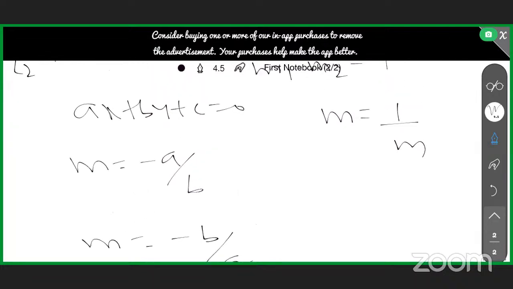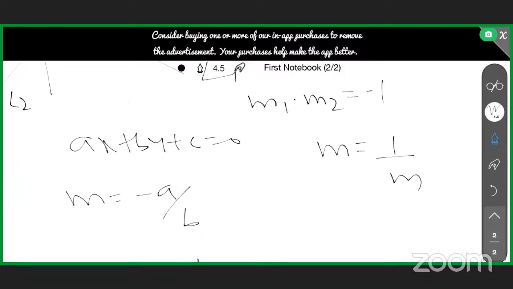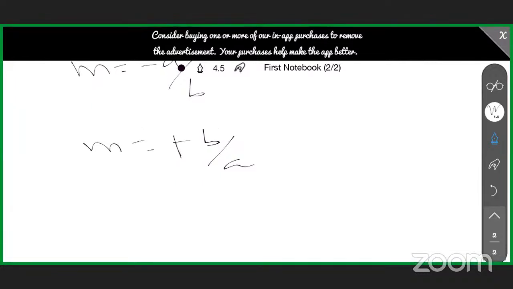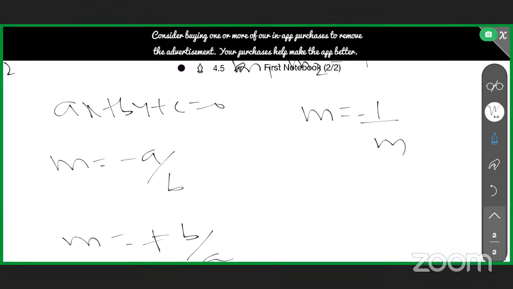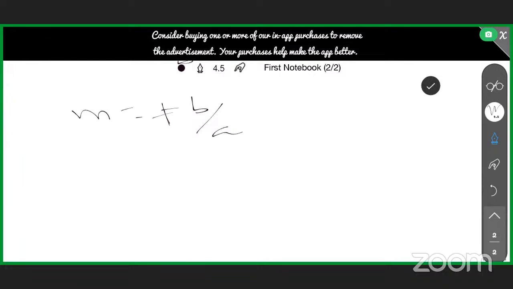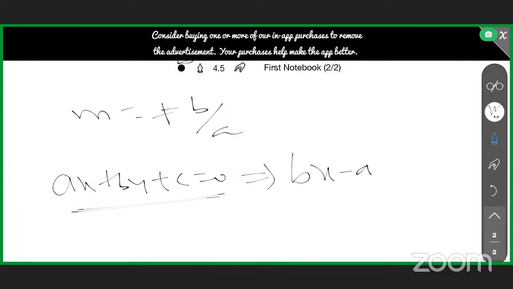Only this equation will change in this form. Minus will come because of this minus, and this will become plus. So the sign changes and also the x and y coefficients get changed. So when we say a line ax plus by plus c is a line and another line is perpendicular to this line, the perpendicular line's equation is given by bx minus ay plus c is equal to 0. Sometimes we'll be using this concept for solving some application problems.